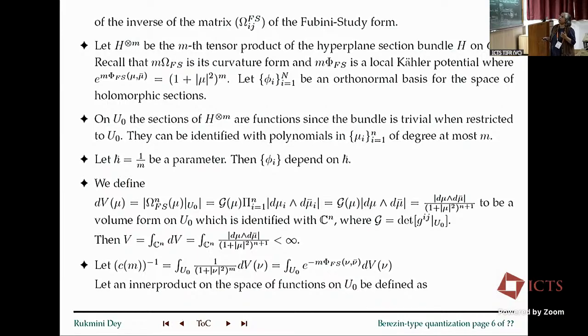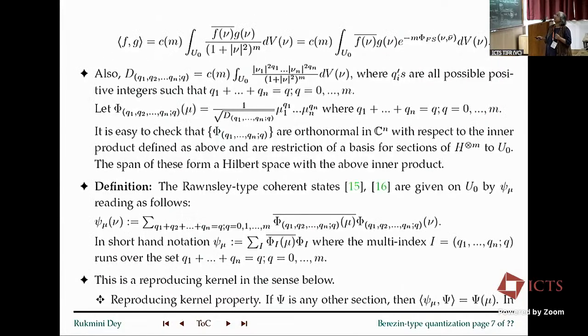And what's going to be our h-bar? h-bar is going to be 1 over m. So far m is an integer, but okay, 1 over m is the h-bar parameter, and everything is going to depend on h-bar. So this is the volume. I just normalize with Cm inverse. I have the Kähler potential. Cm inverse is a certain number which I need to normalize things.